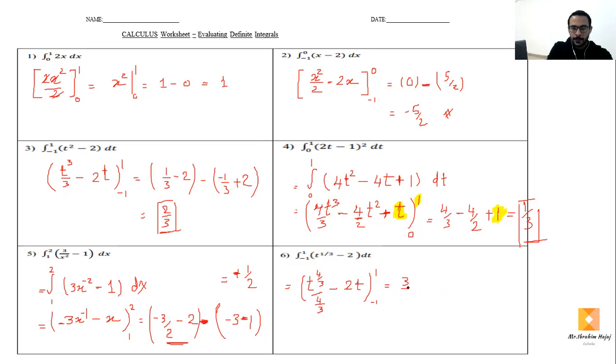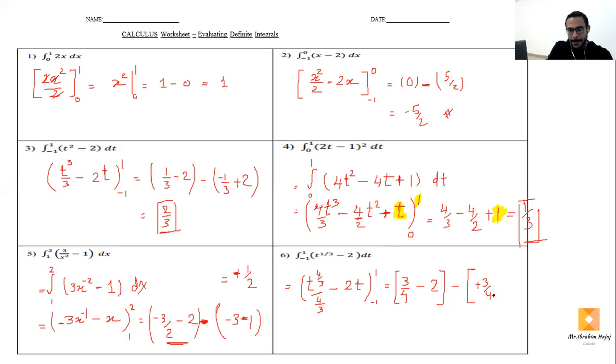So 3 over 4, right? 3 over 4 times 1 to the power 4 over 3, which is 1, so 3 over 4 minus 2 times 1, 2. Then minus negative 3 over 4, plus 2. Negative 1 to the power 4 over 3: the cubic root of negative 1 is negative 1, to the power of 4, yes, it's positive.